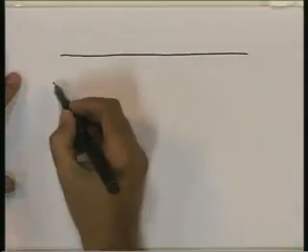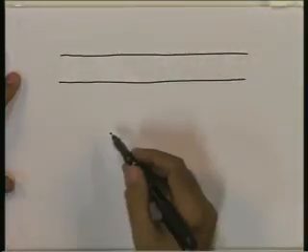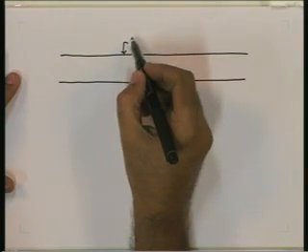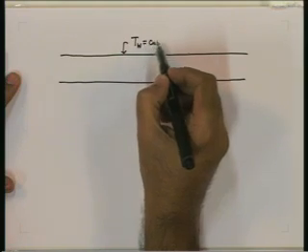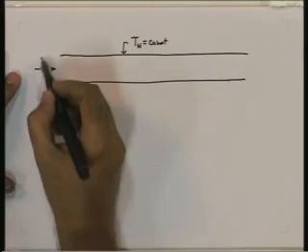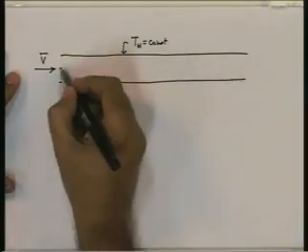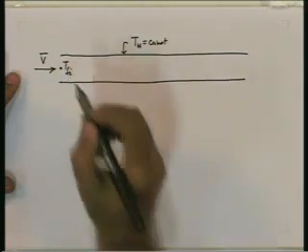two situations. The first one, a constant wall temperature situation. The temperature here will be T wall, which is constant. This is the inner surface of the tube through which the fluid is flowing. And let the inlet temperature of the fluid be TFI.